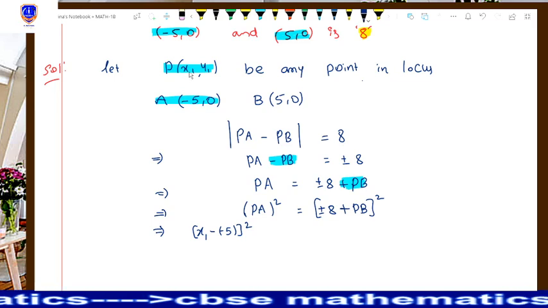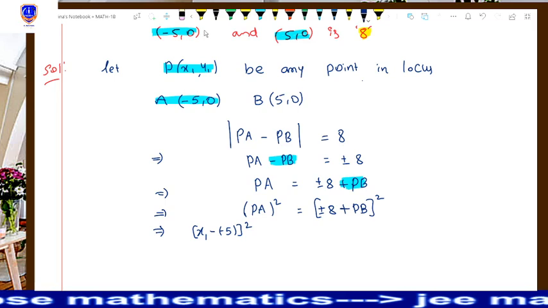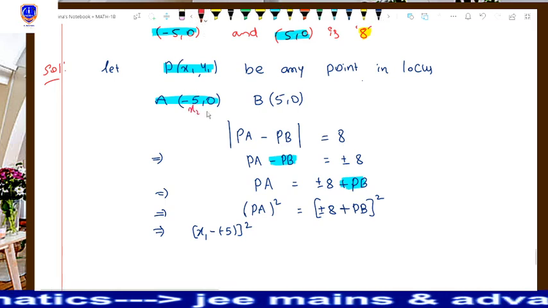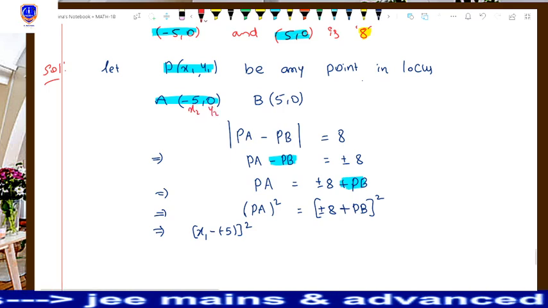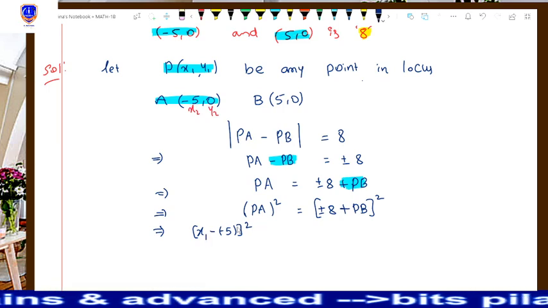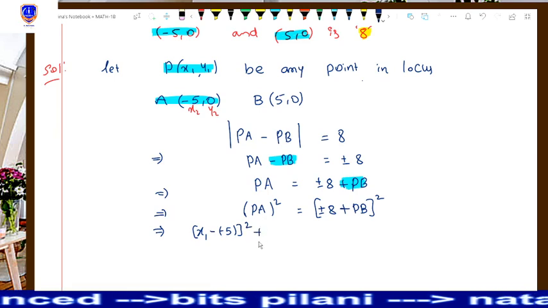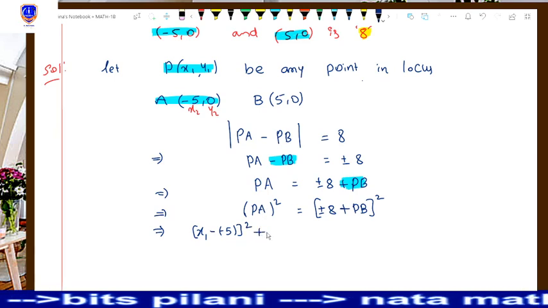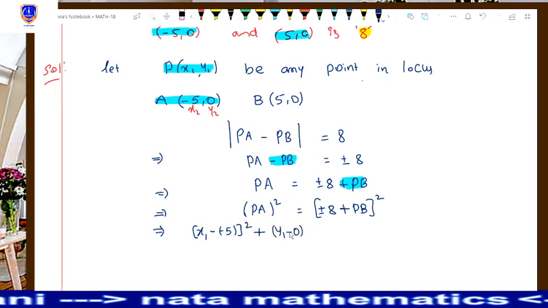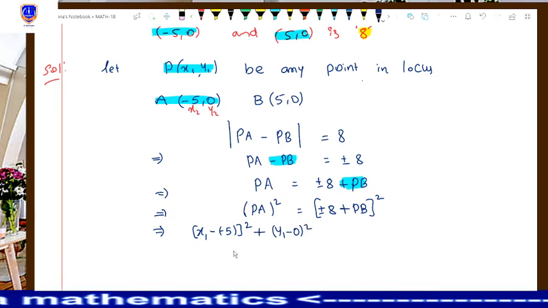The point P is already x1, y1. You have to assume this point capital A as x2, y2. The formula is x1 minus x2 whole square plus y1 minus y2, the value of y2 is 0 here, whole square.